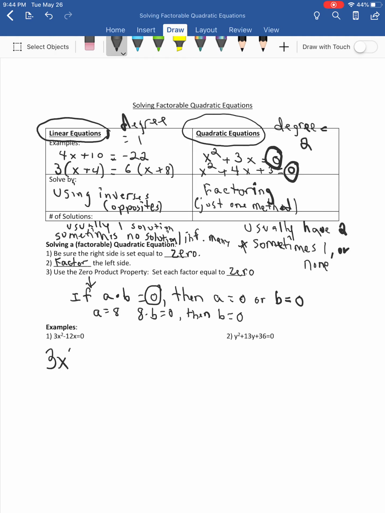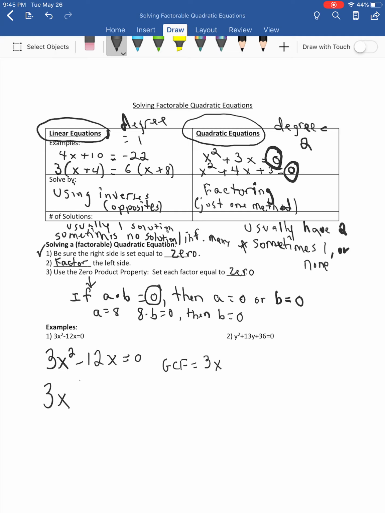So 3x squared minus 12x equals 0. Okay. Step 1, be sure that the right side is equal to 0. It is, like I said, in this lesson they're all going to be set equal to 0. Step 2, we're going to factor. Okay, when trying to factor this, you should see this has a GCF. This has a GCF of 3, because 3 and 12 are both multiples of 3, and they each share an x, so the GCF is 3x.